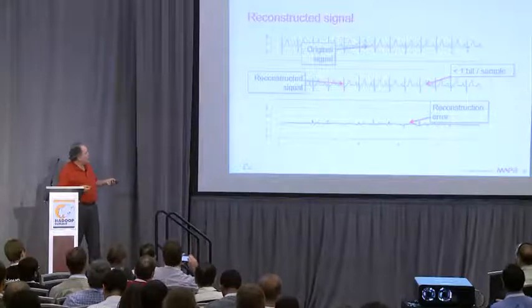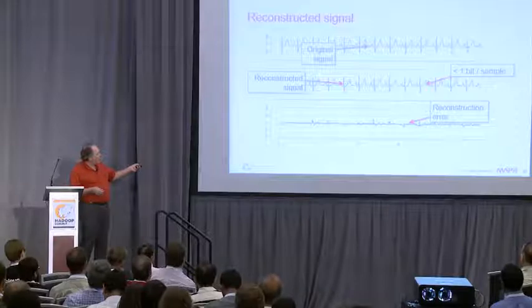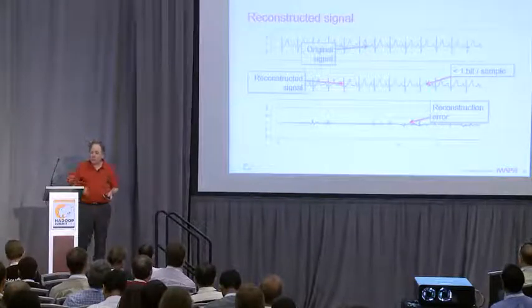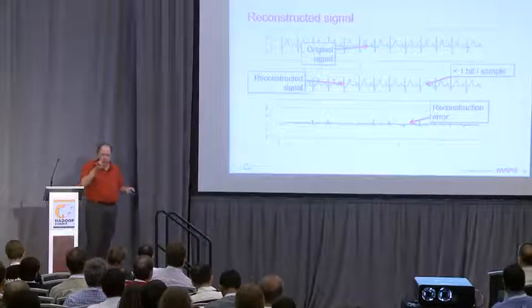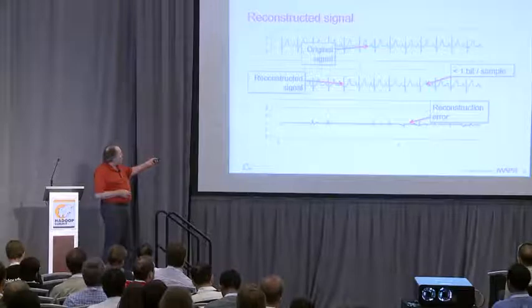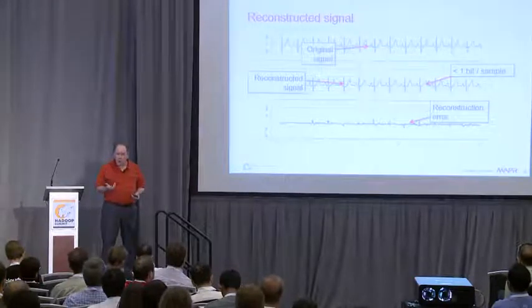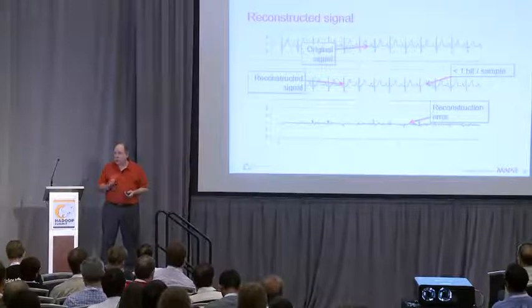It takes even less if you use slightly more interesting statistics. But here is the reconstruction error. Very small on average, except when there are very sharp slopes, which are very difficult to reconstruct exactly anyway. And the reconstructed signal looks a whole lot like the original. The only things missing are little bits of fuzz for the most part, or very slight shifts in exactly when those attacks occur.